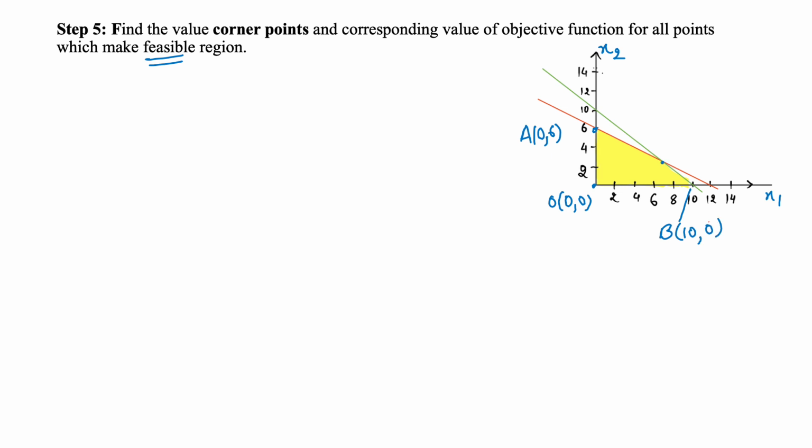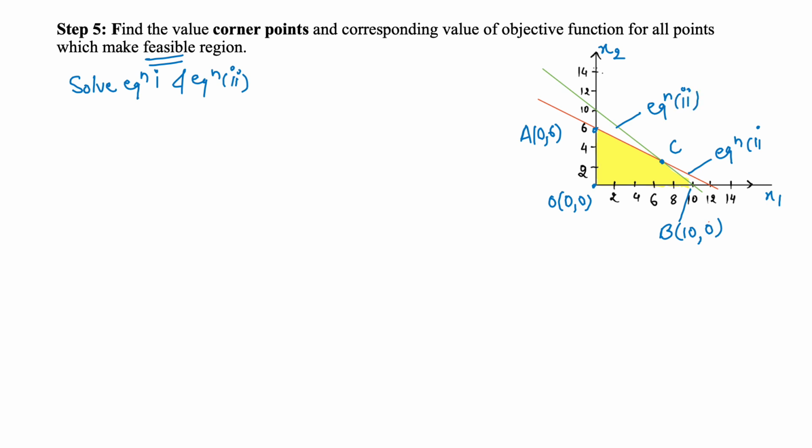Now I have to find the value of this corner point. I can find it by solving these two line equations simultaneously. So to find point C, solve equation 1 and equation 2. We have seen already, this is the line for equation 1 and this is the equation 2 line.